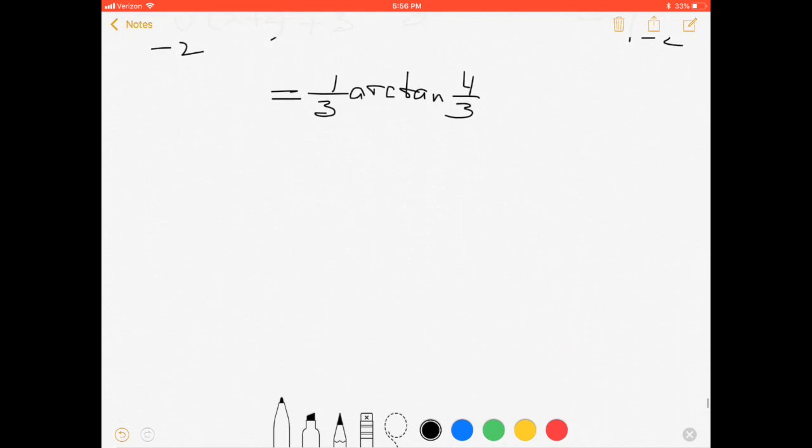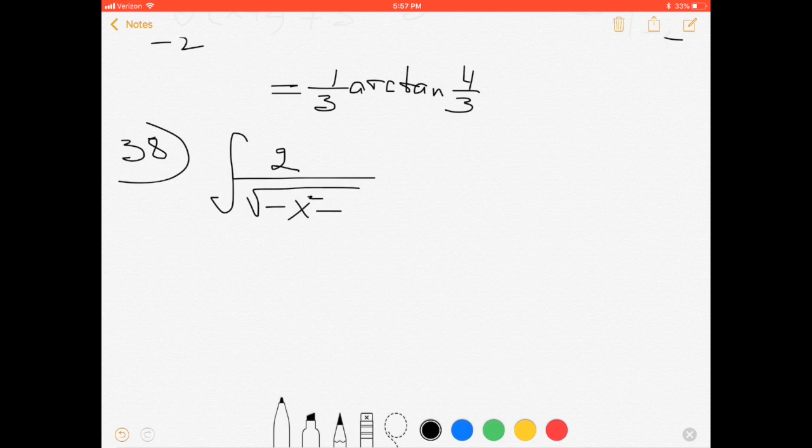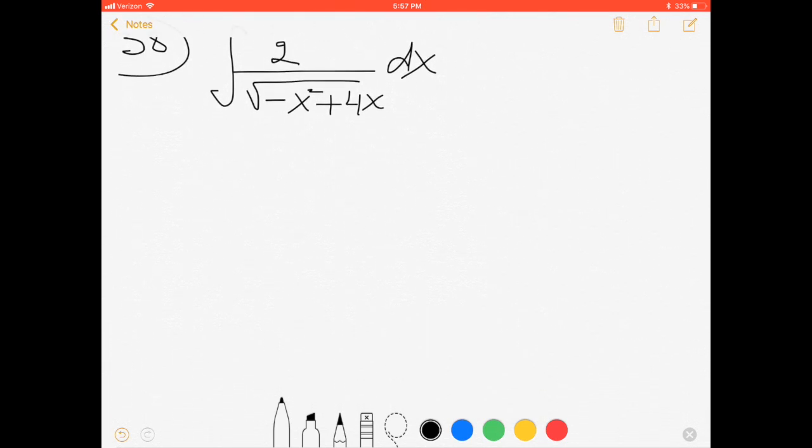Okay. Number 38, we have the integral of 2 over square root of minus x squared plus 4x dx. Okay, maybe we're doing this part separately too.